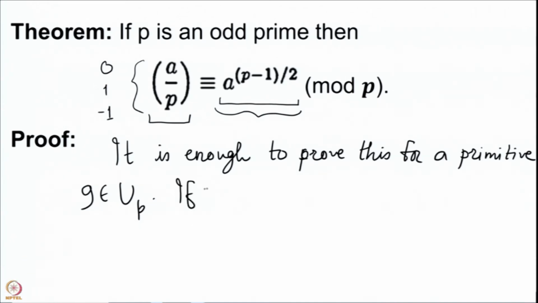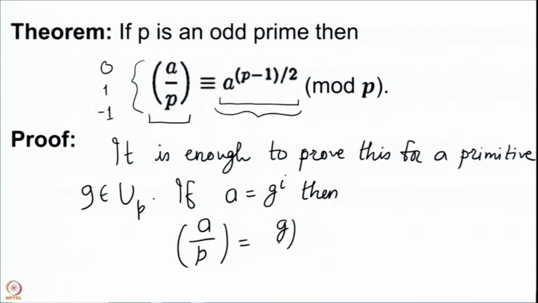So if a is g power i, then we know that the Legendre symbol a by p is the ith power of the Legendre symbol g by p, and this is also minus 1 to the power i, and further we have that a is g power i.